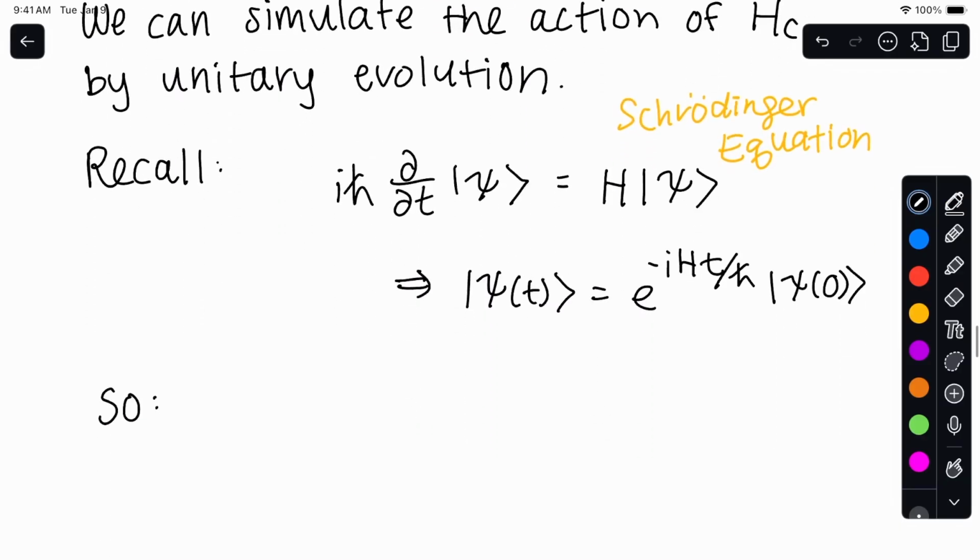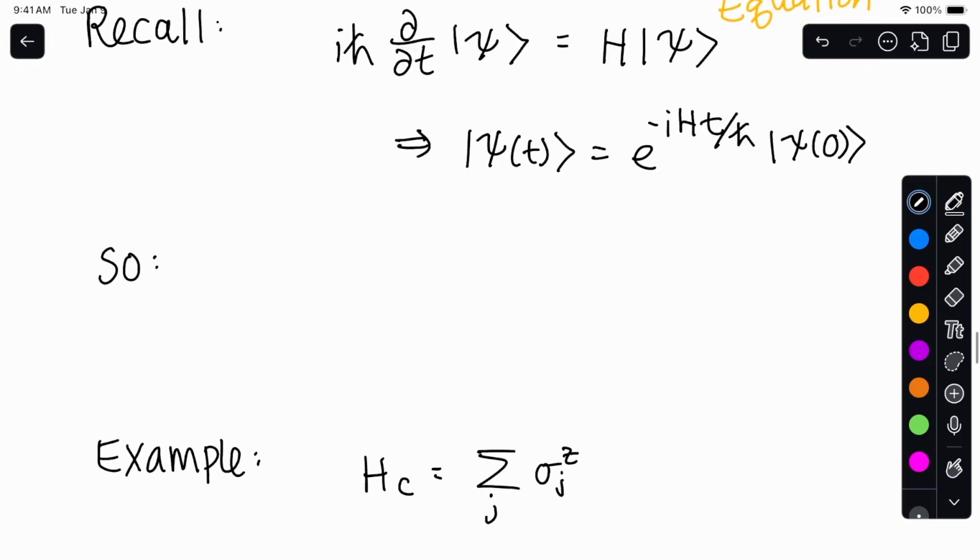This is only true for an H which is independent of time, but for our case today, we're only going to be considering time-independent Hamiltonians. So we can make a unitary UC for our cost function Hamiltonian with some parameter gamma, which effectively acts as like time or like an angle of rotation. And this is just going to be e to the minus i gamma HC.